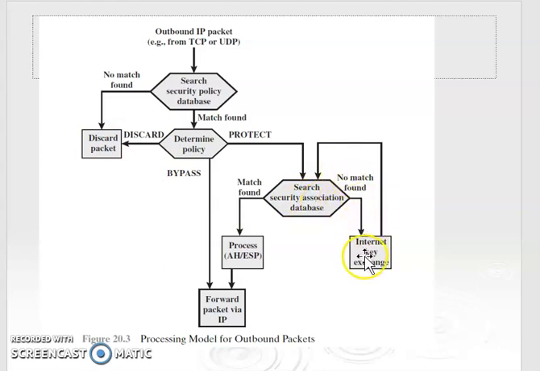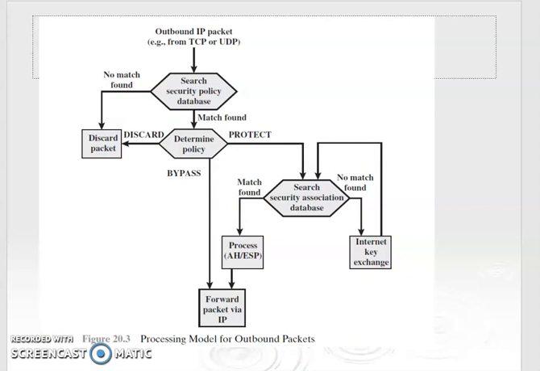In that case, it will go to the Internet Key Exchange protocol, which is the key management protocol for IPsec, referred to as ISAKMP, that is the Internet Security Association and Key Management Protocol, or the Oakley Key Determination Protocol. So this is the processing model for the outbound IPsec packets.